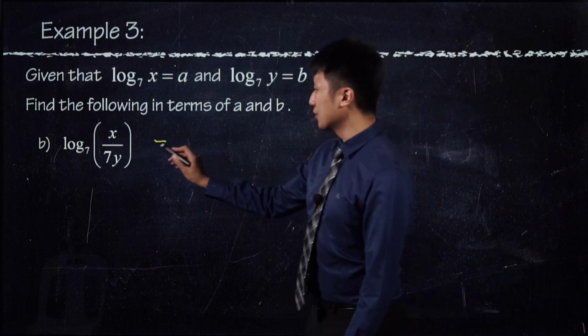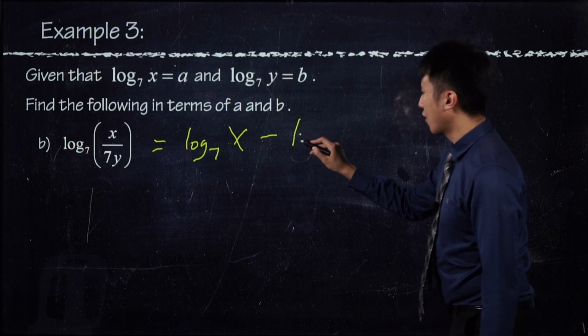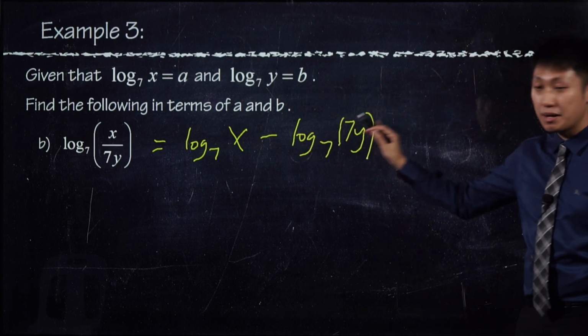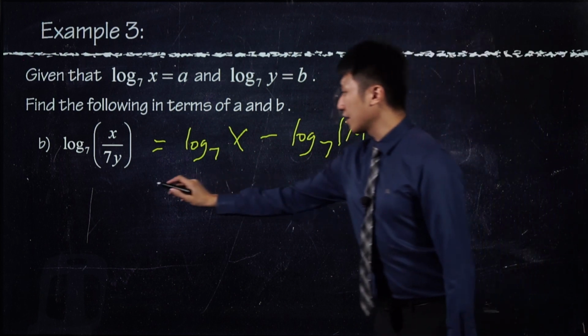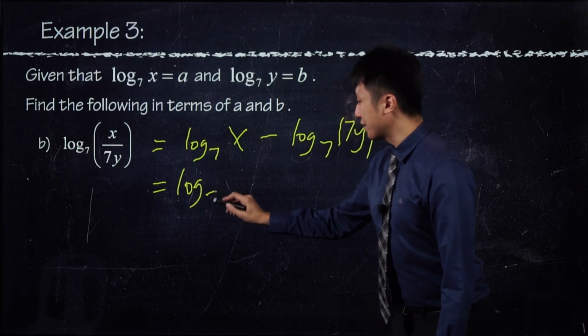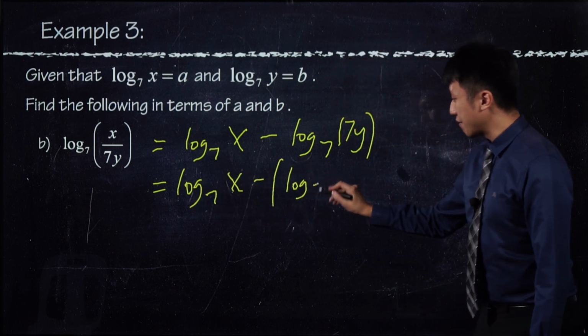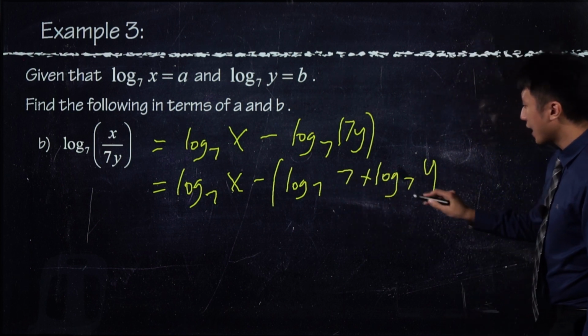This one is equals to log 7x minus log 7 times y. Okay, I better put a bracket over there. So this one, how do I do it? It's equals to log 7x minus, I got to put a bracket here, log 7 plus log 7y.